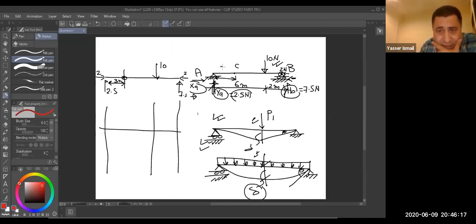So at this point I have reaction 2.5, so 2.5 multiplied by 3 is the moment. I calculated from the left-hand side, in this direction. So 2.5 multiplied by 3 is equal to 7.5. Negative or positive, we'll discuss it.